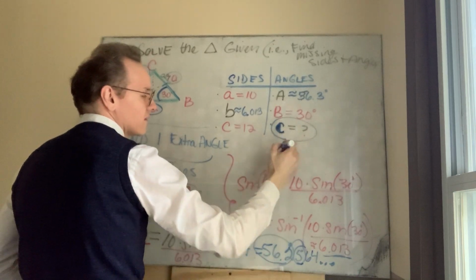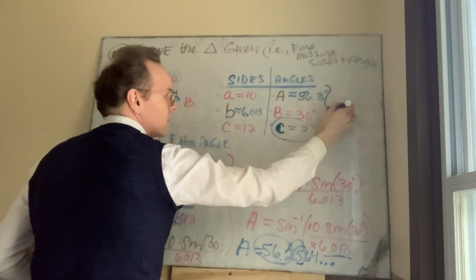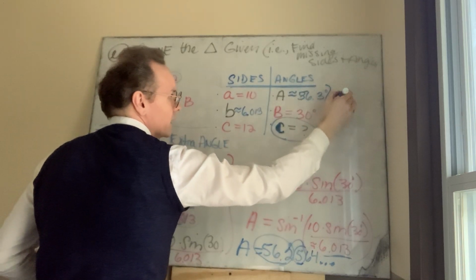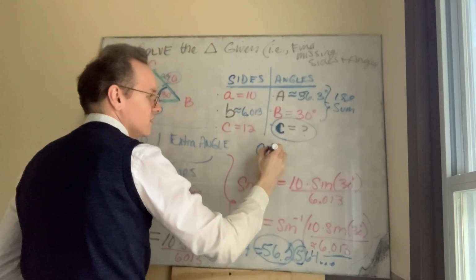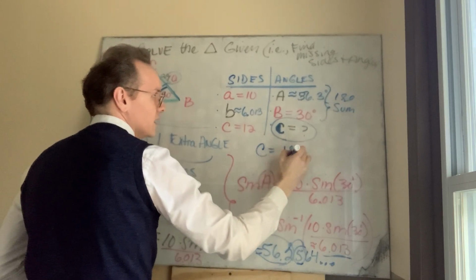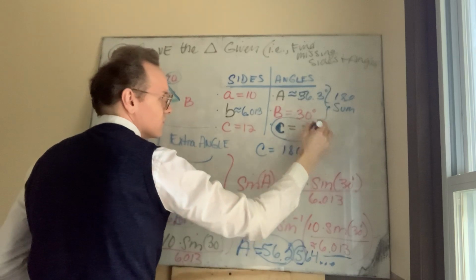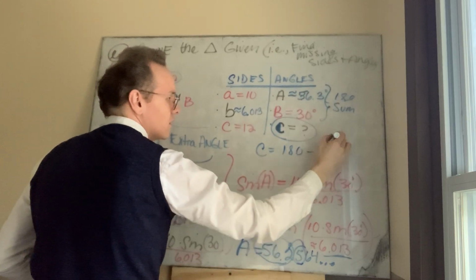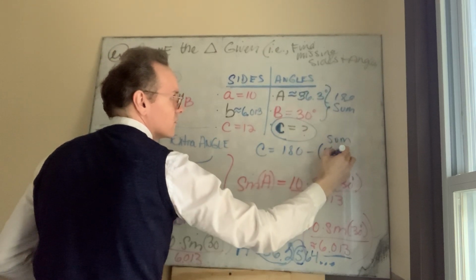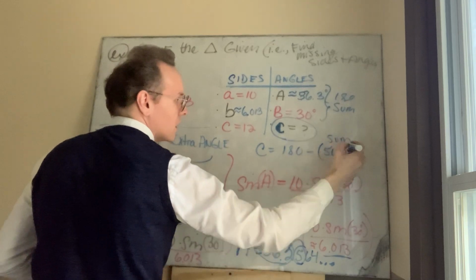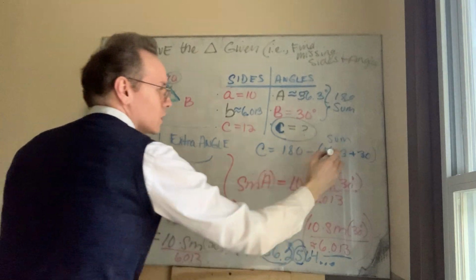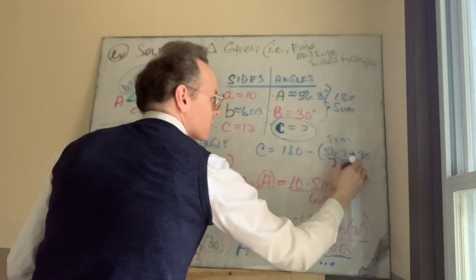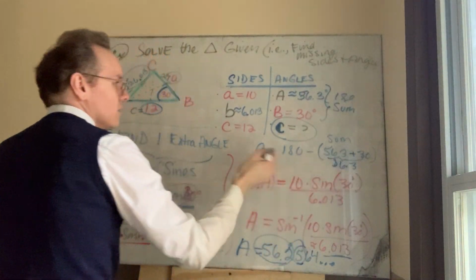This is just subtracting the sum from 180. So if you wanted to get C, it would be 180 minus the sum of these two. 56.3 plus 30, which would give you 86.3, and that will be a C value.